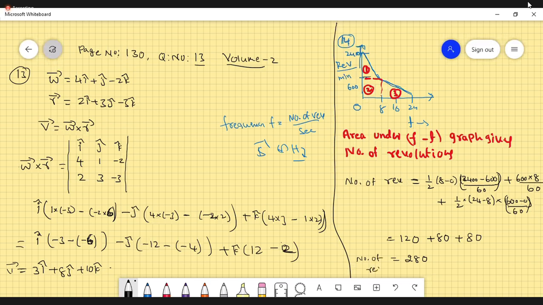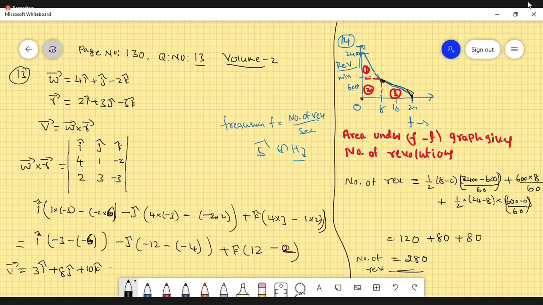Understood? Sir, can you repeat why it is 600 minus 0 by 60? Number of revolutions: 600 revolutions per minute. The height I am considering in this triangle is 600, so 600 minus 0.